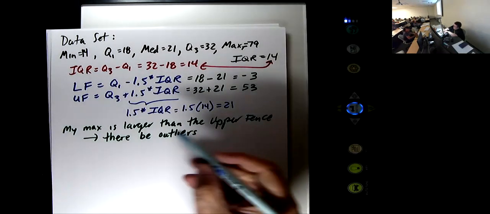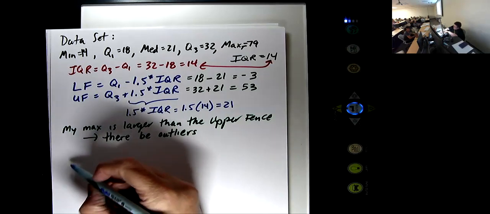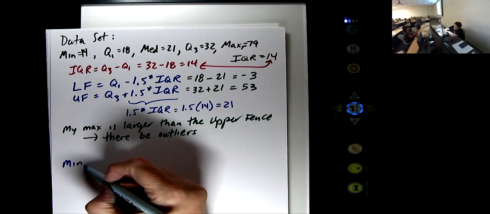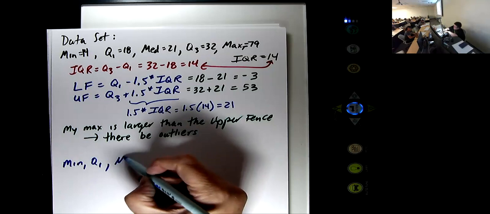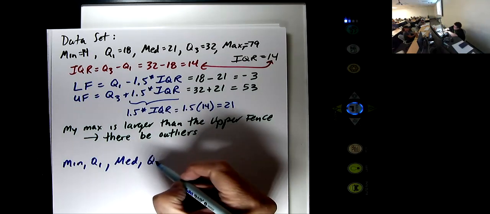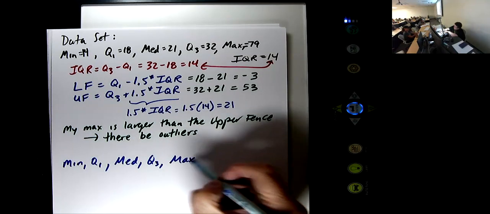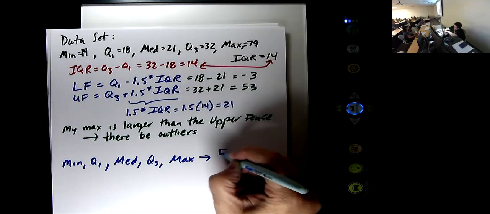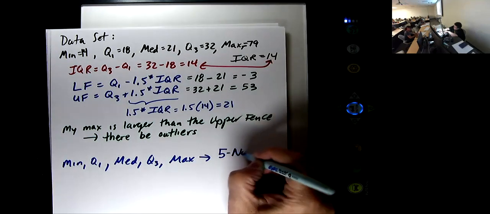That's how we use that stuff. That min, Q1, median, Q3, and max. This is called the 5-number summary. I said that a little bit earlier.